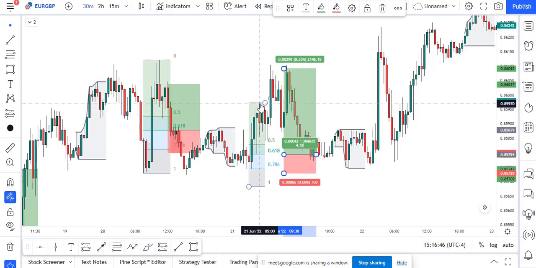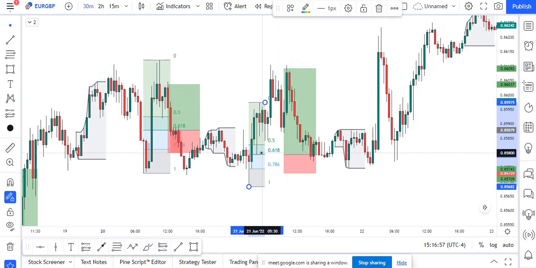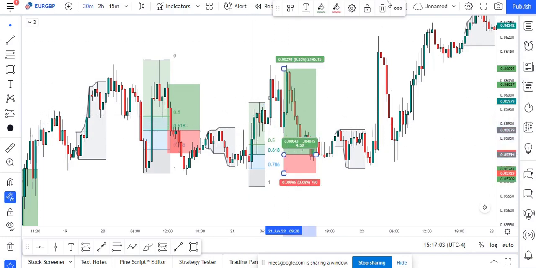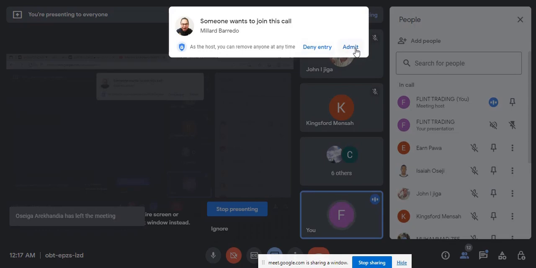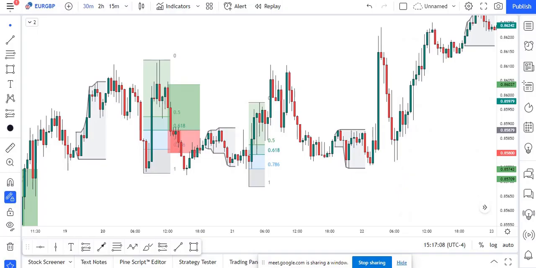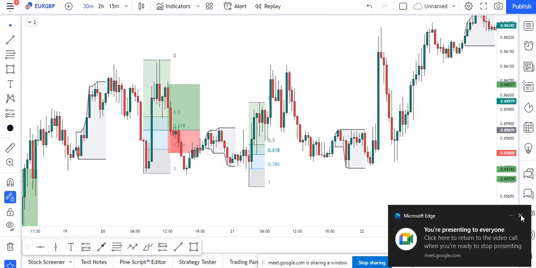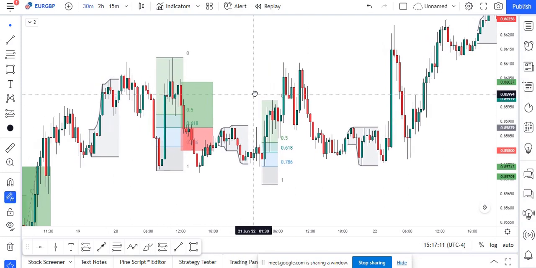Obviously the wick that occurred previously tapped that, we don't count that. So that was actually a missed setup. That was not an entry because this wick right here tapped before a swing high was formed. That is not our entry. So we don't have an entry right here.